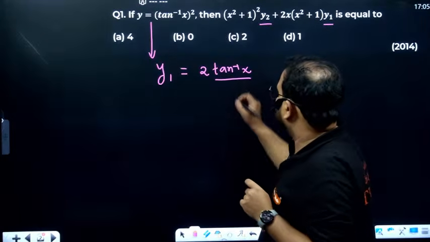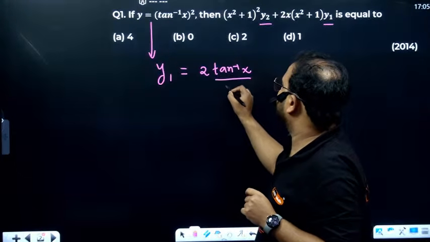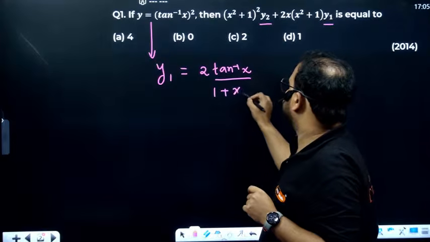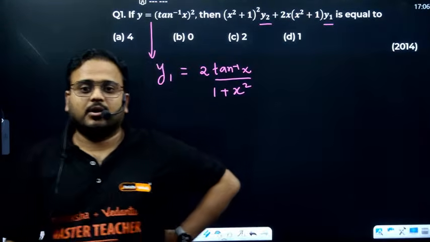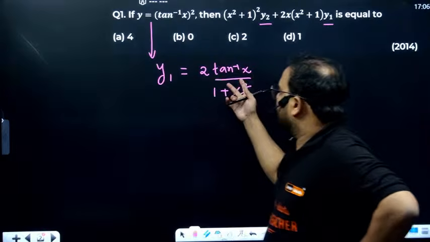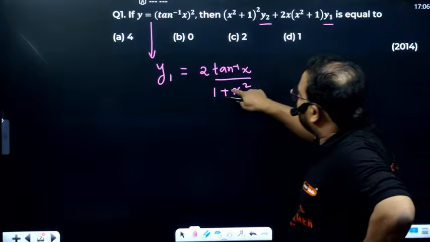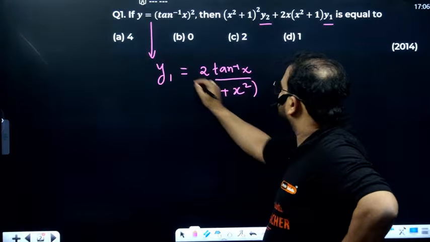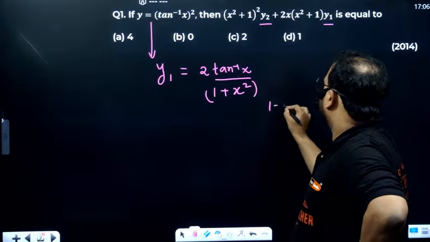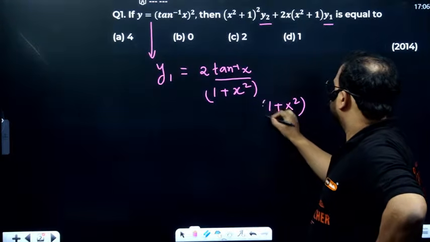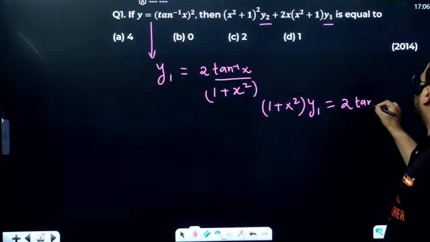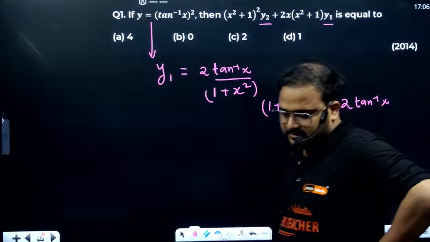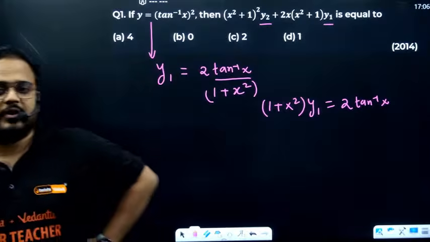So if you differentiate over here, you'll end up with 1 plus x square. Now you can see there's a relation forming if you multiply this denominator on this side. So go ahead with that: 1 plus x square times y1 equals 2 tan inverse of x.